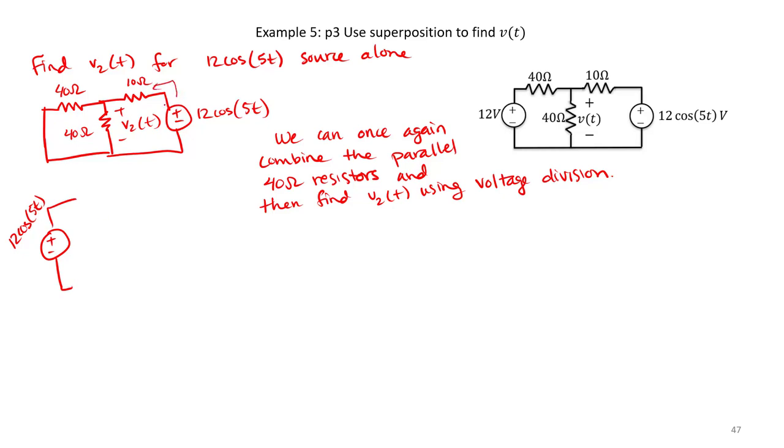So notice, walk along this circuit. I first see that 10 ohm resistor, and then I have the choice of going through one of two 40 ohm resistors. And both of these resistors are in parallel, so they would experience a voltage drop of V2 of t.